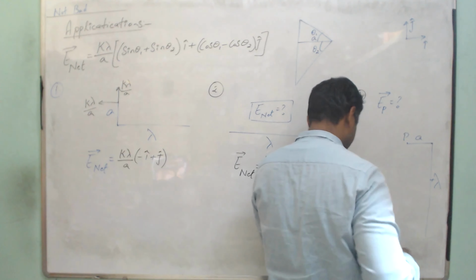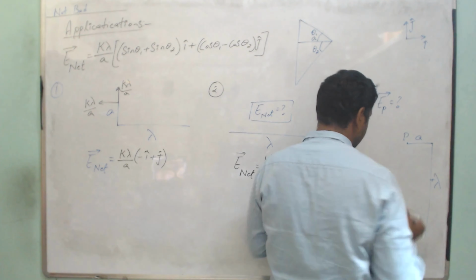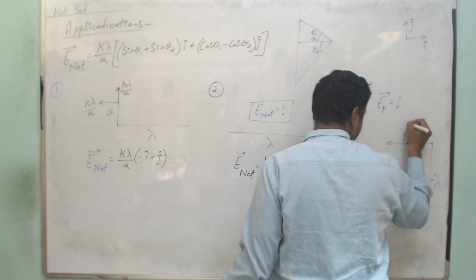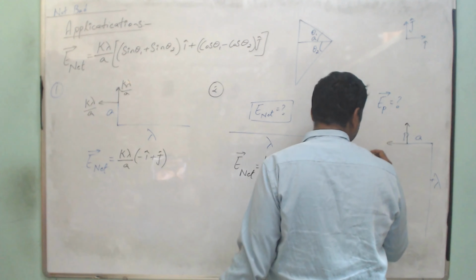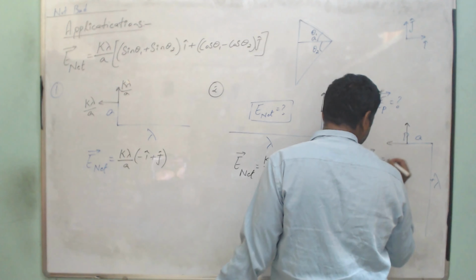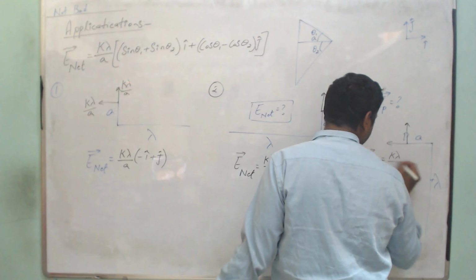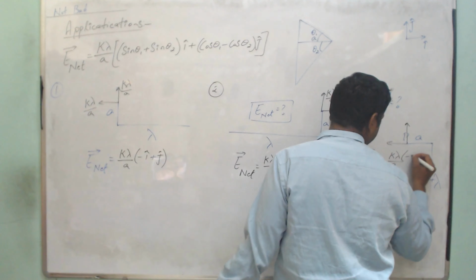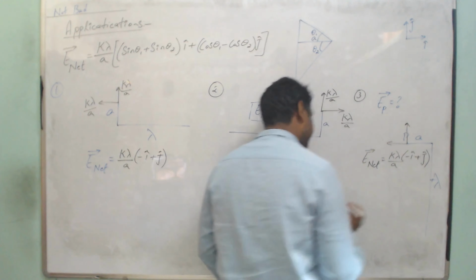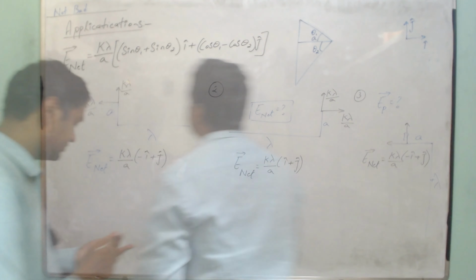K lambda by A of minus I cap. So one direction will be in this direction, the other fellow will be in this direction. So my E bar net is equal to K lambda by A, minus I cap plus J cap, correct? Yes, sir. Take this down.